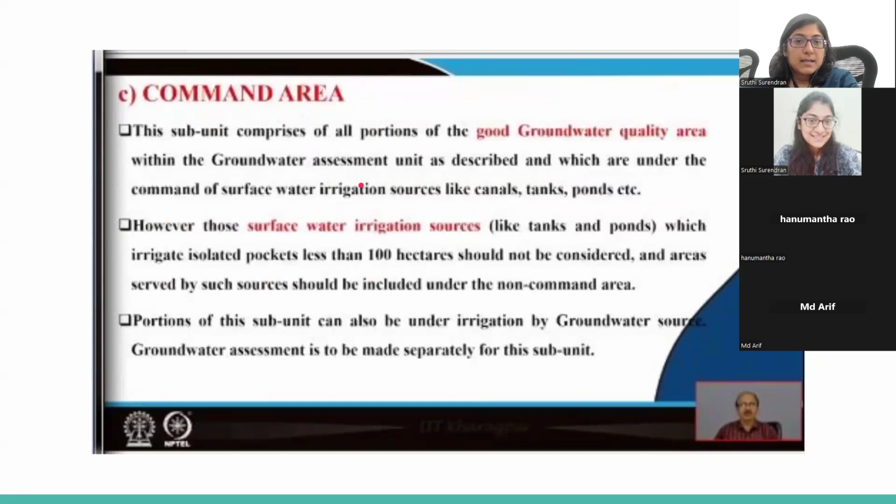Now, command area is those portions where the groundwater quality is very good, and also there's a lot of agriculture, the cultivable area that comes under this. Irrigation is occurring in these areas. So here, good groundwater quality, unlike the previous category.